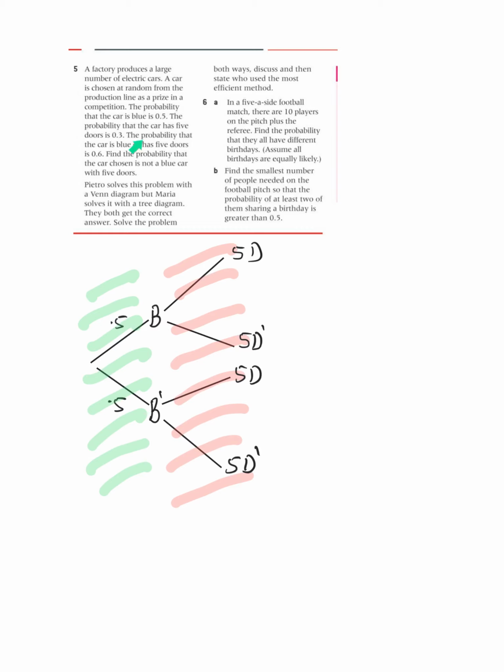All right, let's look at this information. It says that the probability the car is blue or has 5 doors is 0.6. So we've got to add that, that, and that. All of those branches, that one, and that one, is 0.6. So this one here must be 0.4. We'll write that in.